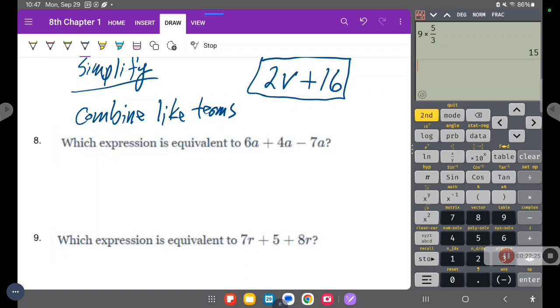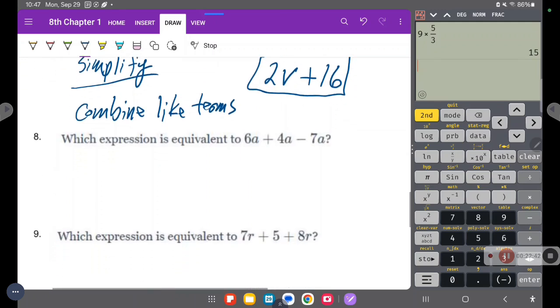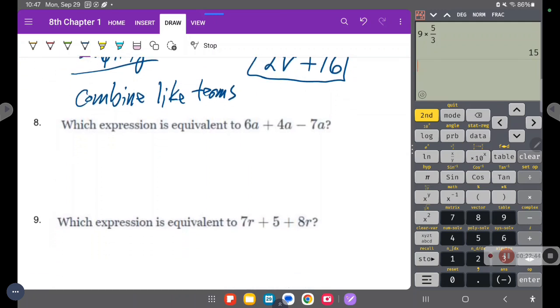Okay, actually in this one, they all are like terms, so we need to combine all of them this time. Whereas on the previous one, you could only combine the ones that had a v or the ones that were constant. With this one, they all have an a, so we can combine all of them. So what do you get when you put all that together? 17.